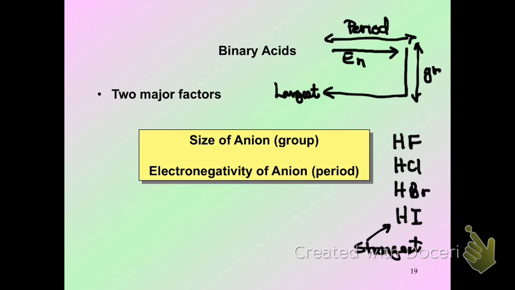So let's think about this. Here's an H plus. I'm going to make it blue, I love using blue for positive. There's my H plus. And I'm going to have an anion that goes with it.